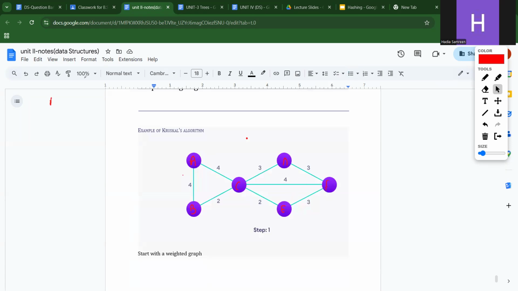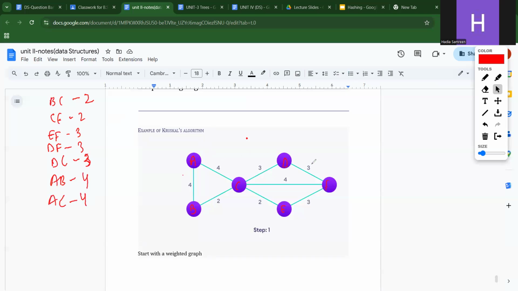For example, BC's cost is 2. Then CE cost is 2. EF cost is 3. DF cost is 3. DC cost is 3. Done. 2 is done. 3 is done. Next one is 4. AB cost is 4 and AC cost is 4.